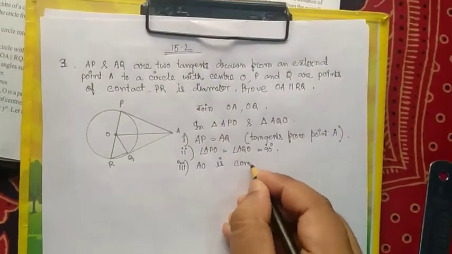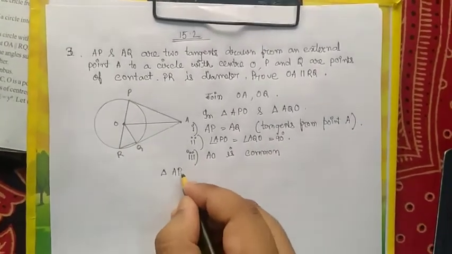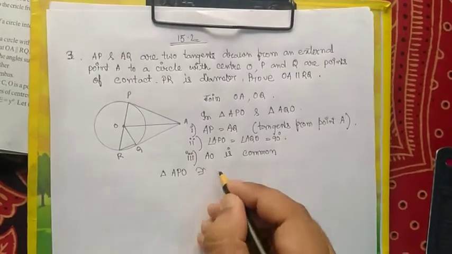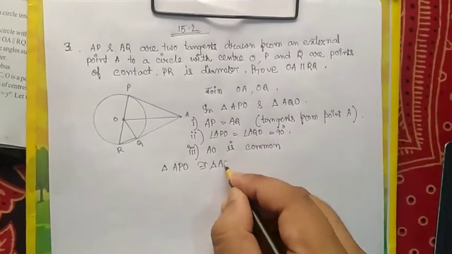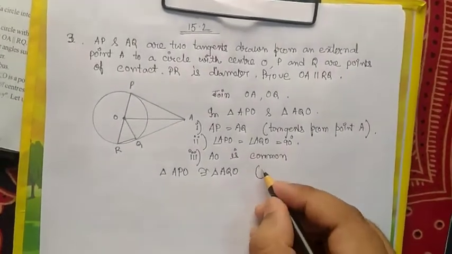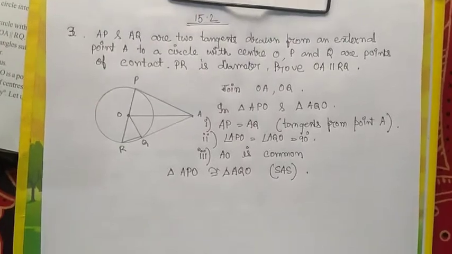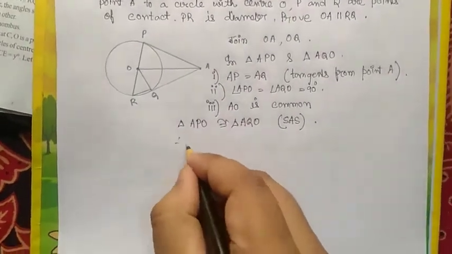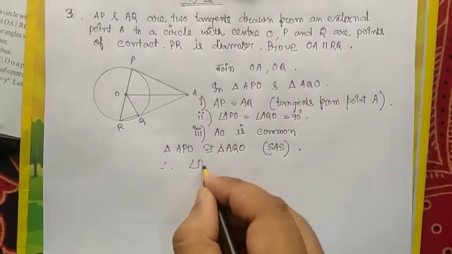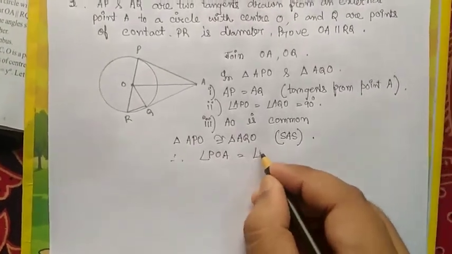So therefore we can say that triangle APO congruent triangle AQO in side angle side congruency. So therefore we can say that angle POA equal to angle QOA.